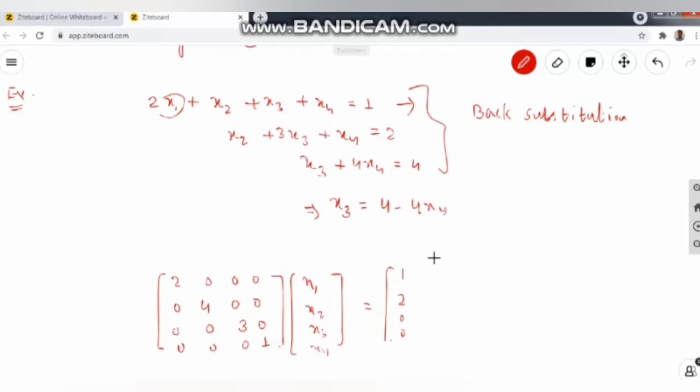So suppose we have this type of system of linear equations. This is basically our A matrix, right? This matrix is just a diagonal matrix. So what is the advantage of these types of diagonal matrices?